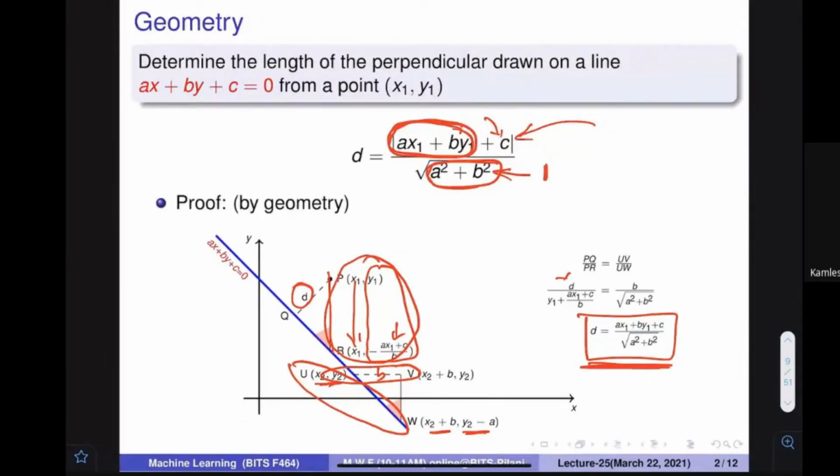That's not a good idea. So in this discussion, we are going to have W as a, b only.